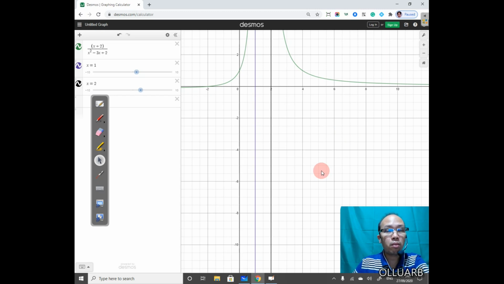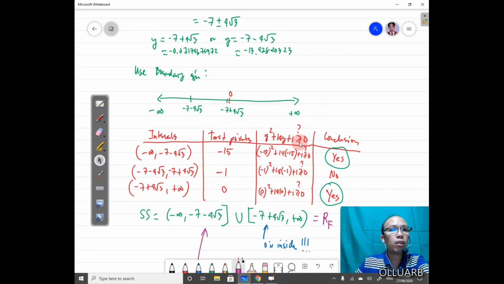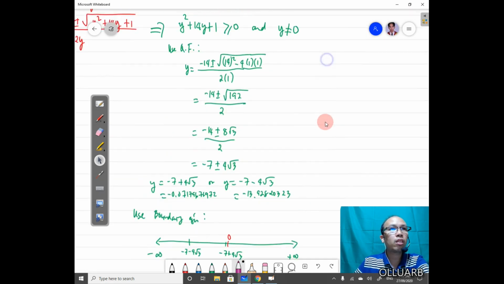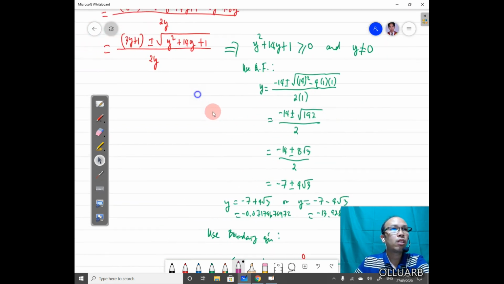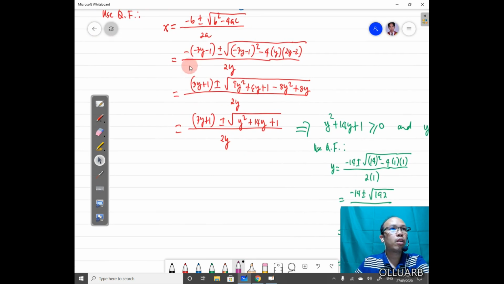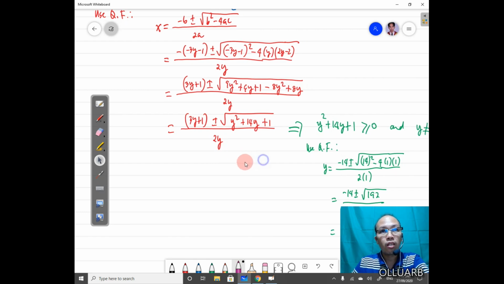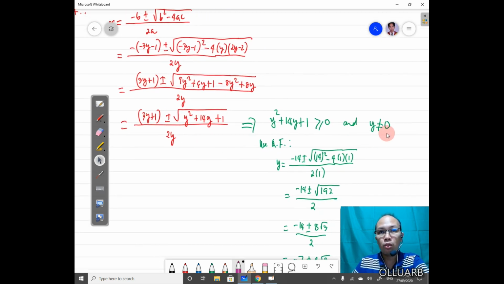There are problems where, as you can see here, in the simplified form we write y in terms of x, and you notice that y is equal to 0 is not included here. We are tempted to say that y is equal to 0 is not included in this equation.